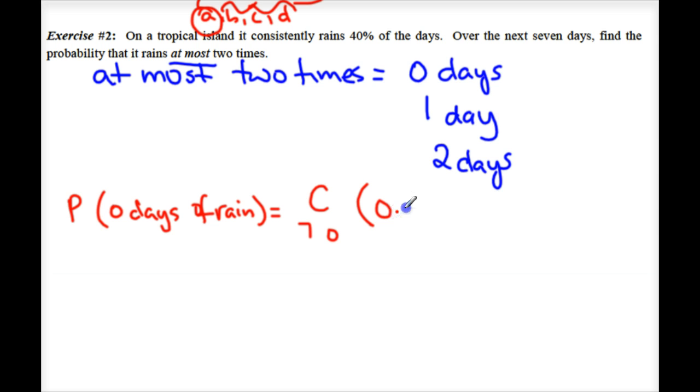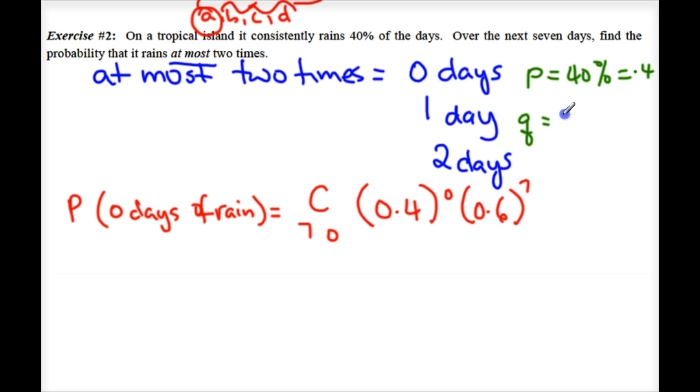It'll be 0.4 to the 0, and then 0.6 to the 7. Now, be careful because your P, your success, is 40%, not 4%, 40%, which is the same thing as 0.4. And then your Q, your failure, is the 60%, which is 0.6. So that's where these numbers are coming from.